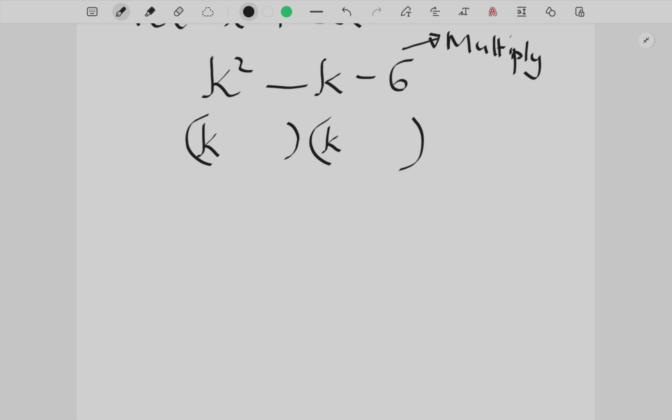And then the middle term, which is 1k, there's an invisible 1 here, we must find when we add. Meaning that we want two numbers that when we multiply give us negative 6, and the same numbers when we add give us negative 1.